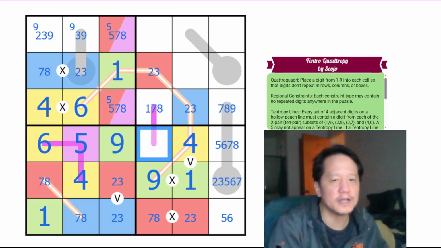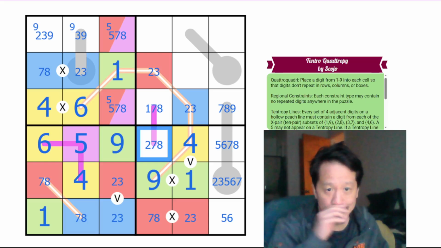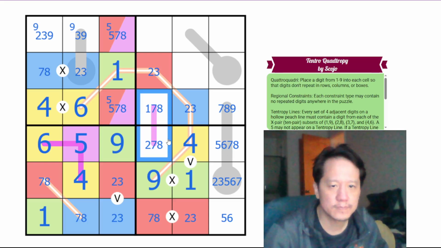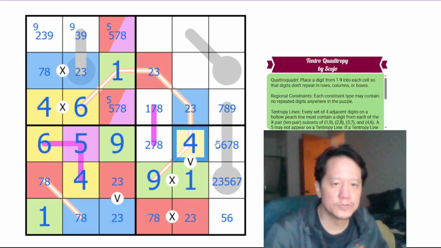It's 7, 8, and it cannot be 9 here. So if this is 7 or 8 here, this has to be 7 or 8 here, because it can't be 4, 5, 6. Cannot be 9 because of 9 in the column. If this is 1, this has to be 2. Okay. So those are those possibilities.